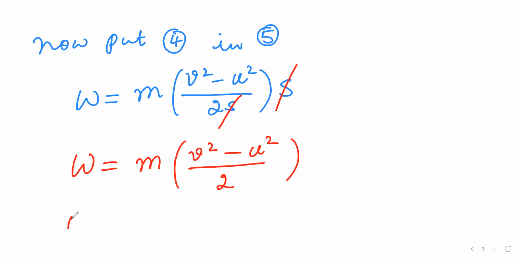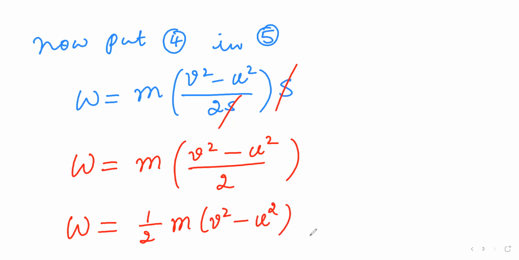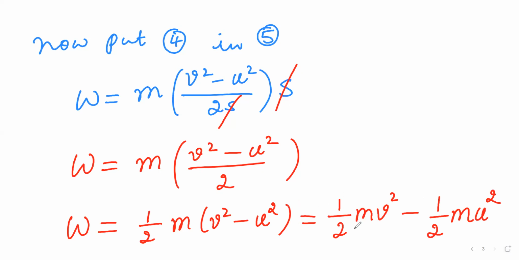Further, I can write W equals 1 by 2 m, taking 2 outside, so 1 by 2 m into v square minus u square. Further I can write it as half mv square minus half mu square.